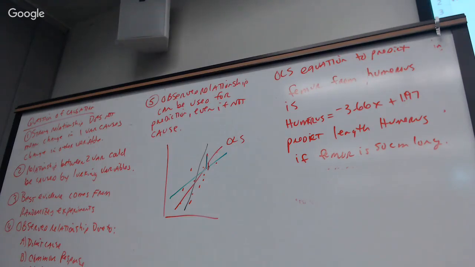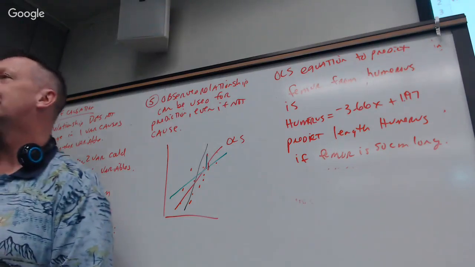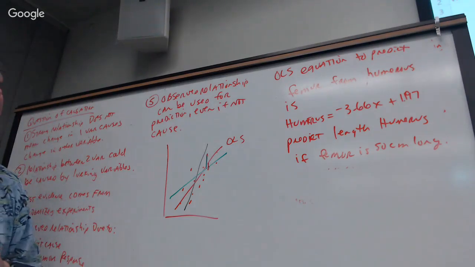Who haven't I picked on? I have not picked on Audrey. You're correct. Okay. Can you help me figure this out? Are we like doing the equation?